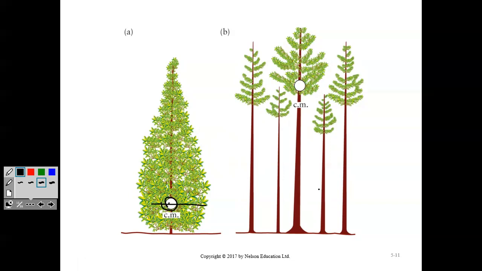More leaves at the bottom. But in a forest, what happens? There is a competition for the sunlight, right? They grow, so the leaves have to be at the top. So for this tree, the center of mass is at the top, because it is heavier, more mass is here. The center of mass will be towards where the most mass is.